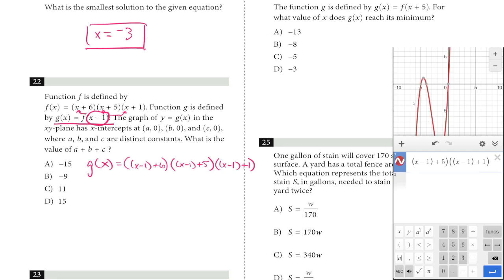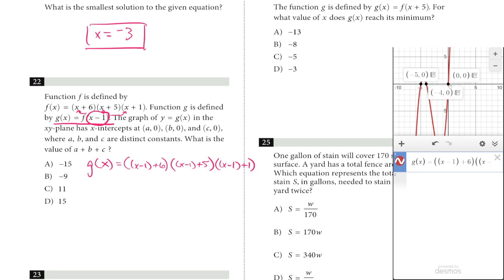So graphed it, and you notice it puts the dots for us. So now I can just click them. So I now can see that it's at -5, -4, and 0.